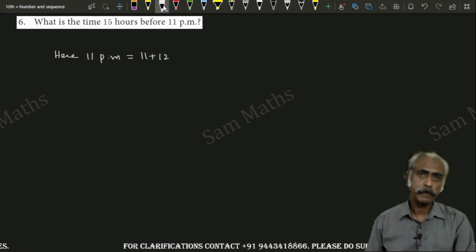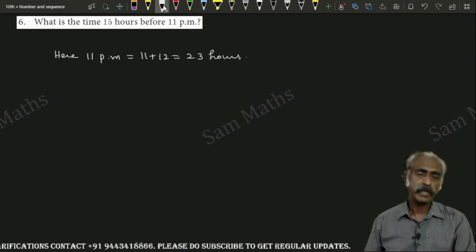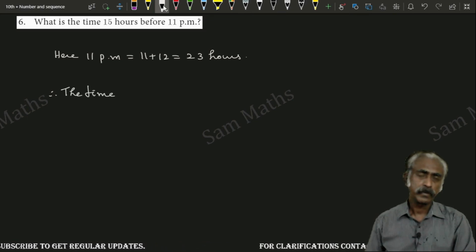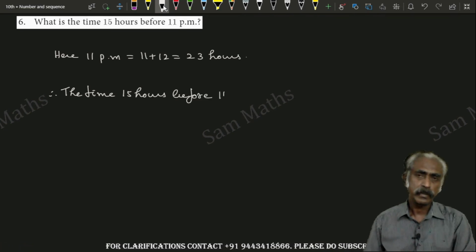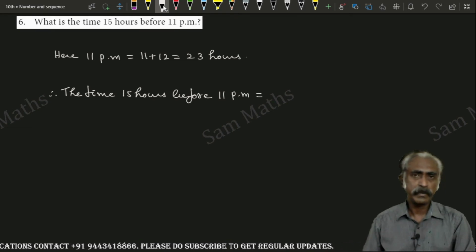11 plus 12, that is equal to 23 hours. Okay, children, we need the time 15 hours before 11 p.m. Therefore, the time 15 hours before 11 p.m. So 11 p.m. is equal to 23 hours.